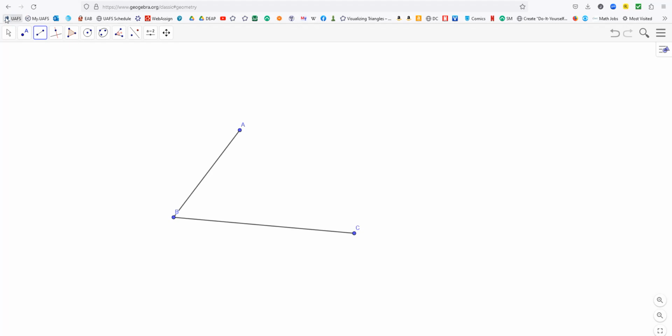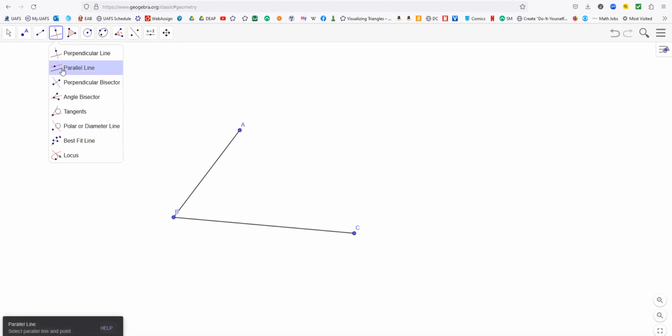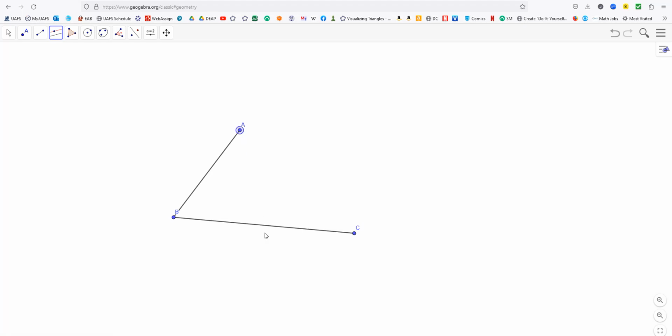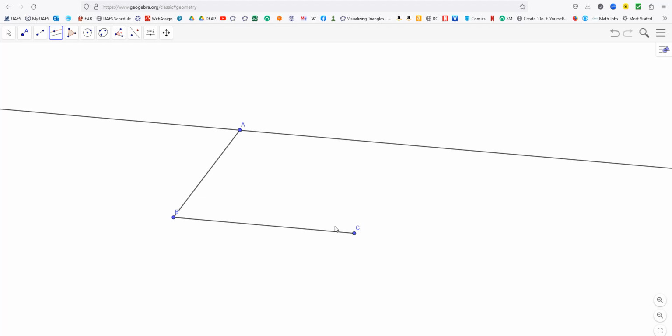Now we want it to be a parallelogram. So there's exactly one parallel line through A parallel to BC. Exactly one parallel line through A parallel to BC. And there's exactly one line through C parallel to AB.